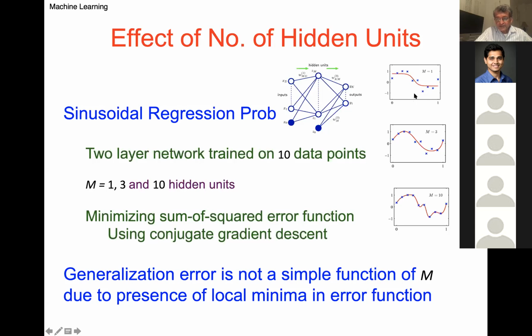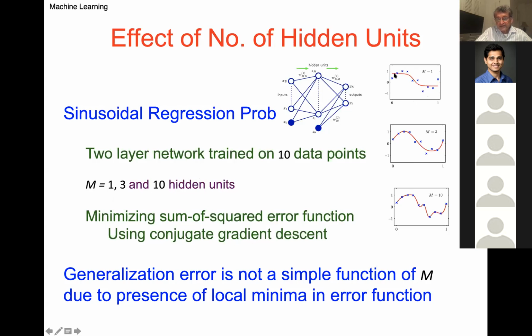This is showing the output for M equal to 1, M equal to 3, and M equal to 10, the number of hidden units, 1, 3, and 10 hidden units, minimizing a sum squared error function using a particular gradient descent called conjugate gradient descent.